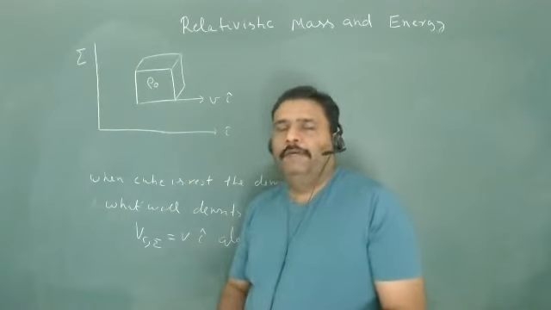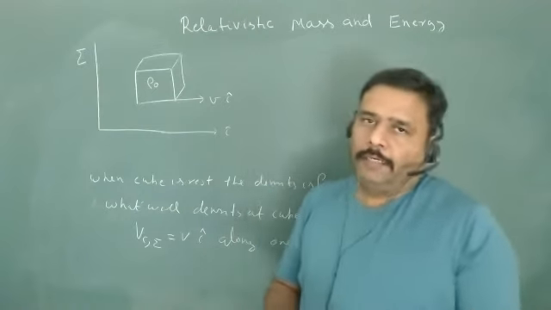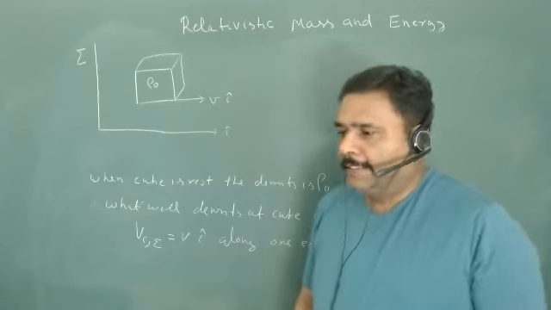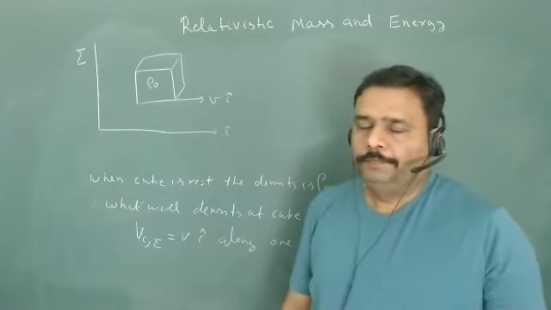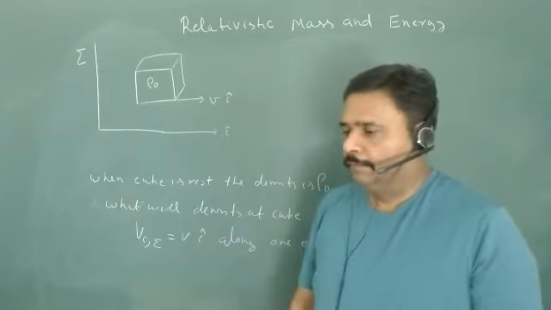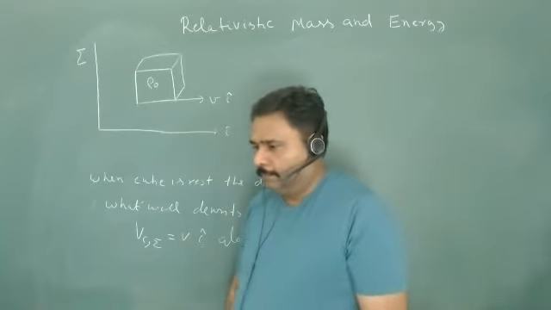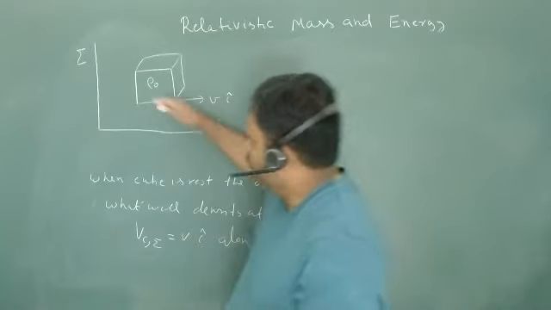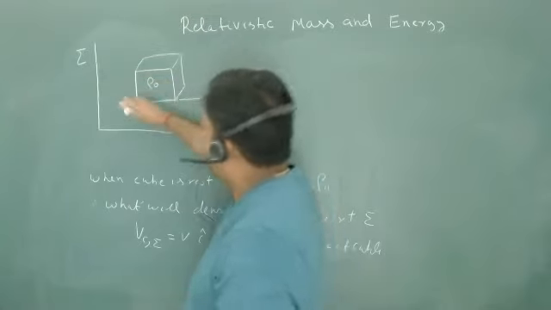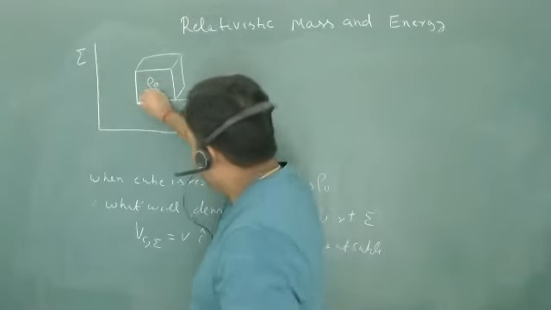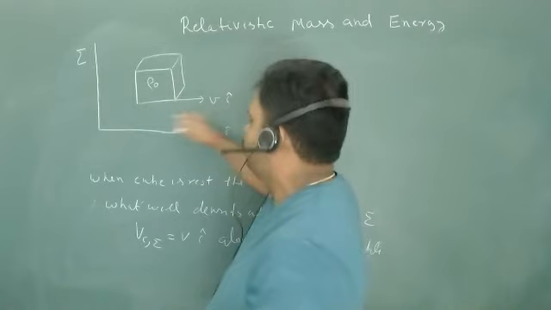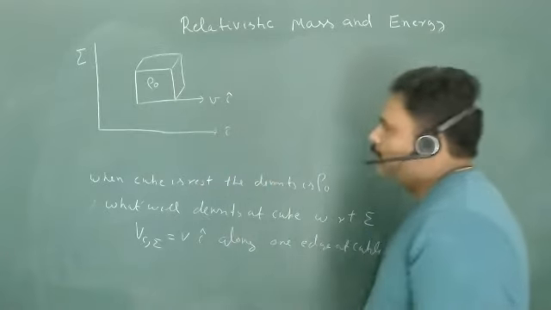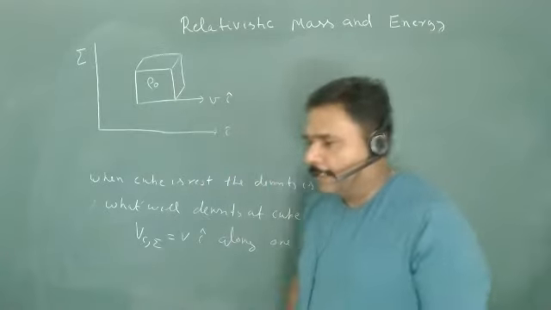And you have to give the answer only in terms of rho naught and v. This is moving with respect to sigma along x-axis, and one of the edges is parallel to x-axis. So this is the information given to you. Just try to calculate it.